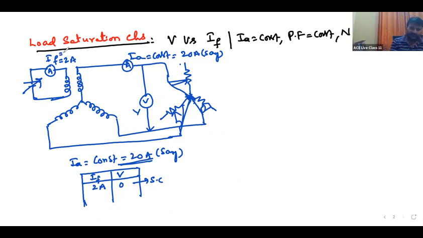The field current may be some 3 amperes, and the voltage some 60 or 70 volts, like that. You take a set of readings and then draw the graph. The graph is also the same.